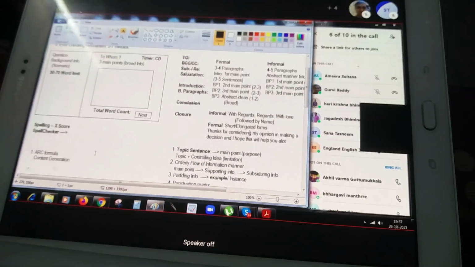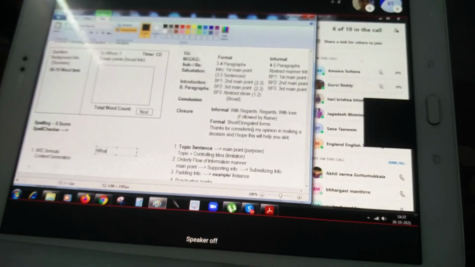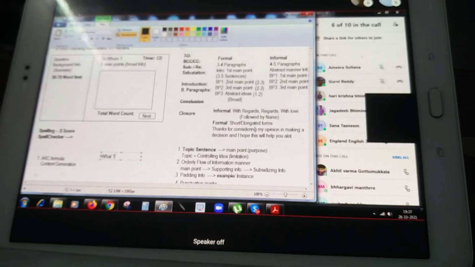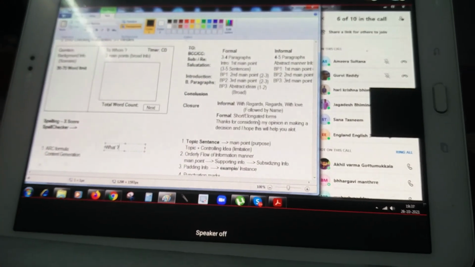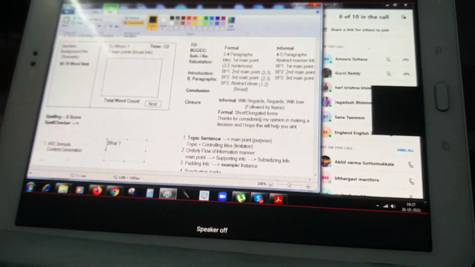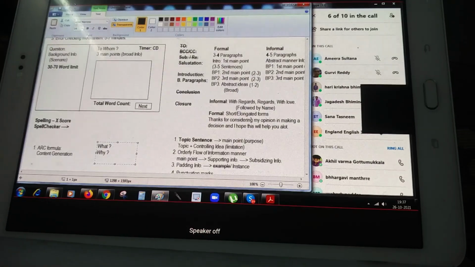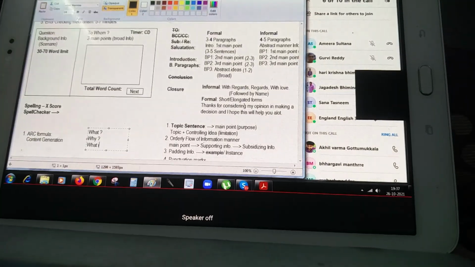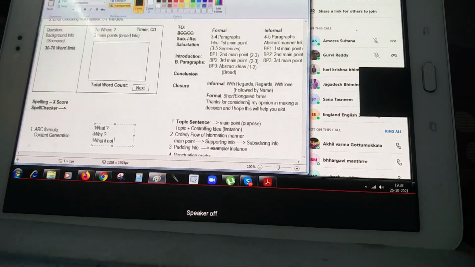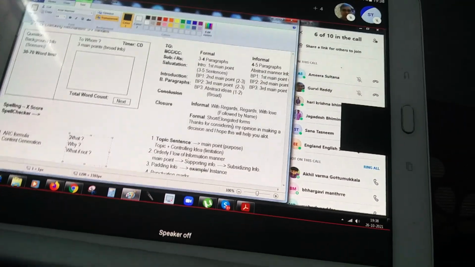First one, what's the question? What's the point? That's nothing but what's the main point? It is the main point. Why is it the main point? What if not? If it is not the main point, then what if it is?